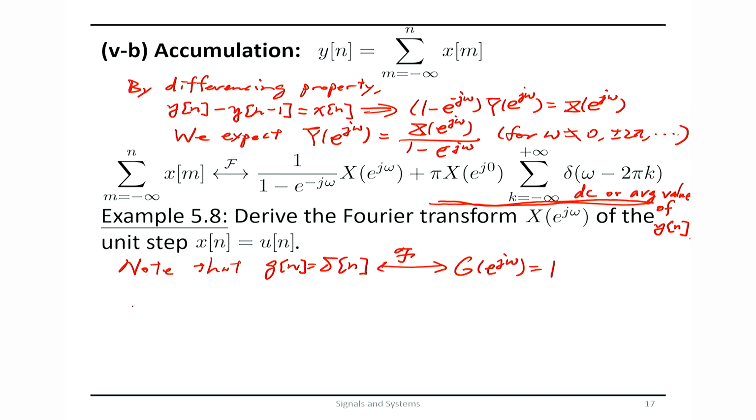Now we know that x[n], which is u[n], can be viewed as the accumulation of this delta function, summing m from minus infinity up to n.